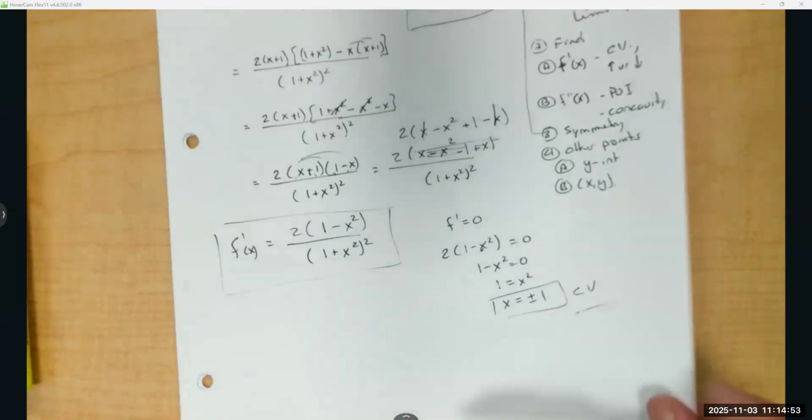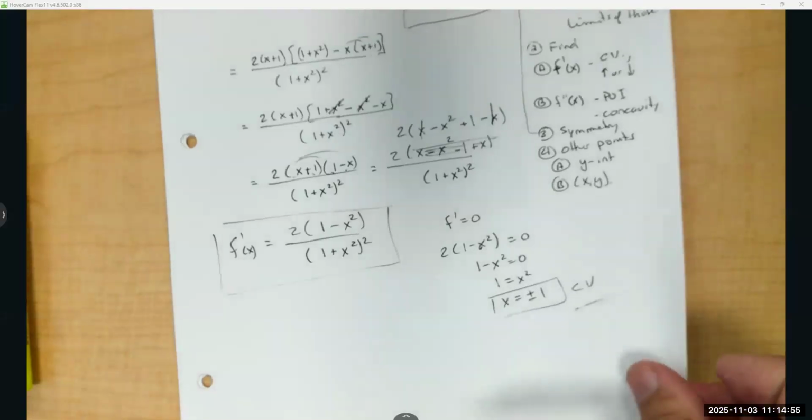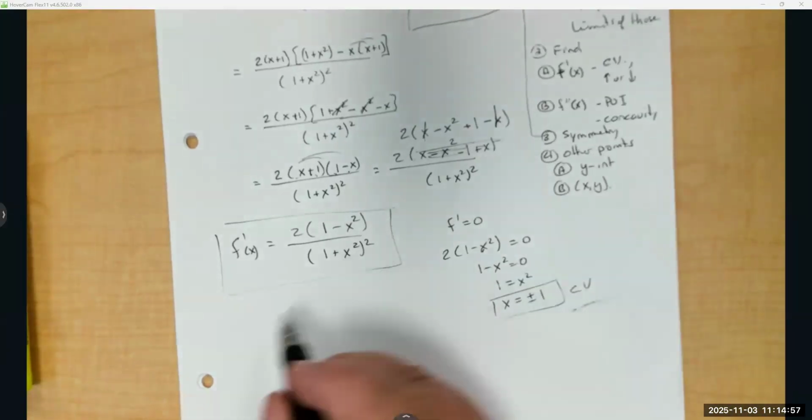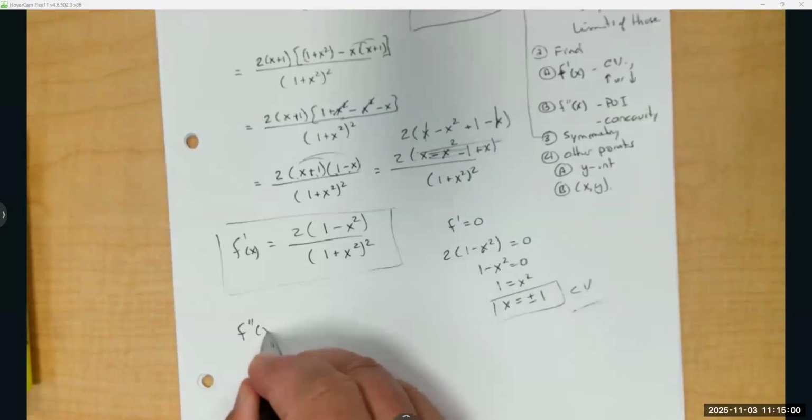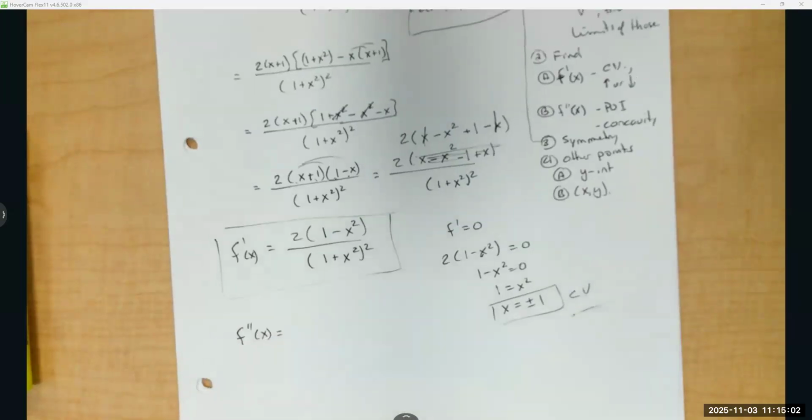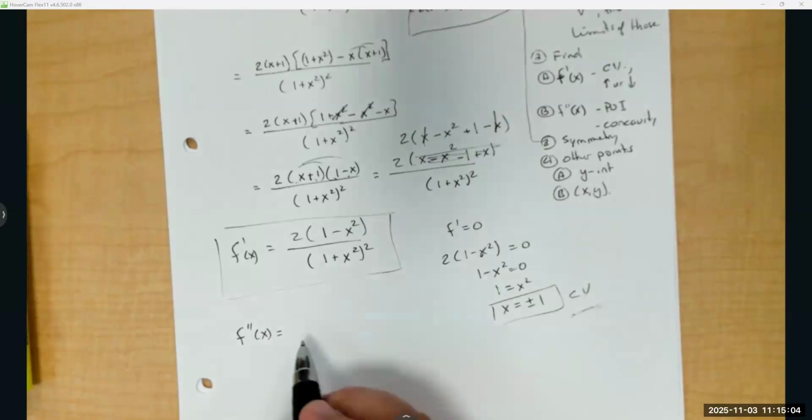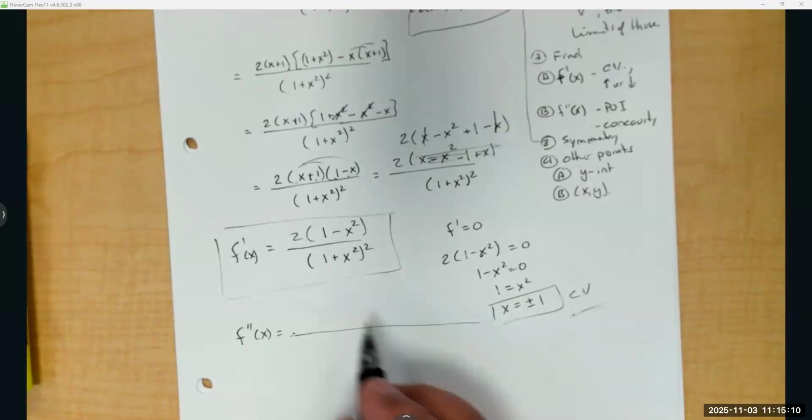Uh-oh. Now I have a much bigger one. I've got to find the second derivative now. So that's going to be a much longer one.